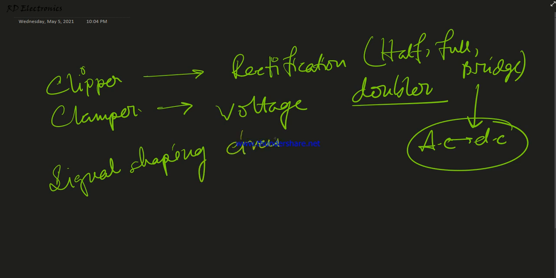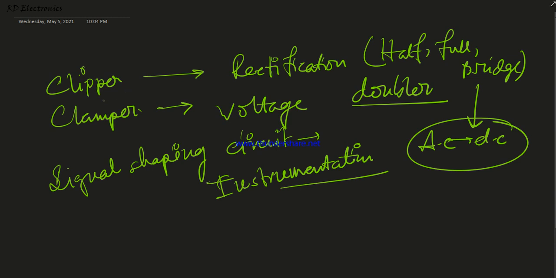These applications are studied in instrumentation. There is an instrumentation part in electronics where we study these concepts of diodes, how the signal will be clipped or how the signal will be shaped from one signal pattern to another signal pattern.